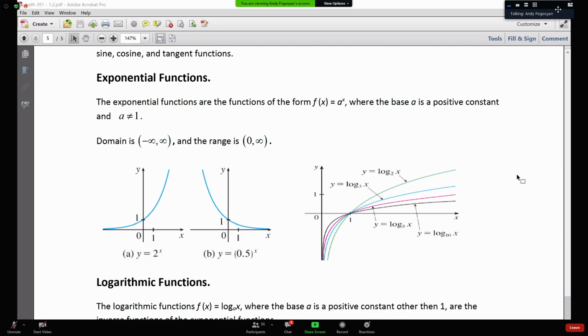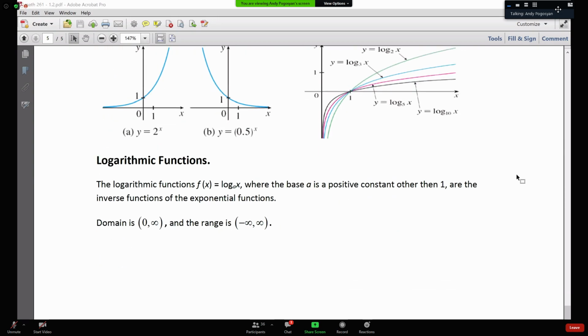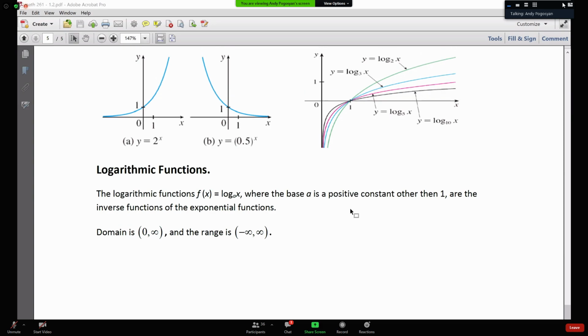The inverse of the exponential function is called the logarithmic function. So the logarithmic function is f of x written in this form, log x with base a, where a is a positive constant other than 1. So this is the inverse of the exponential function.